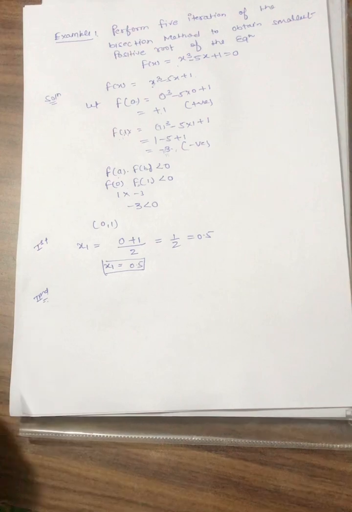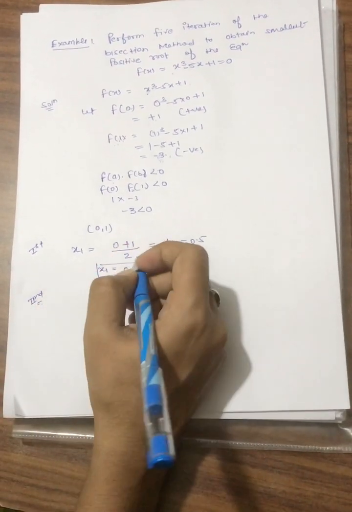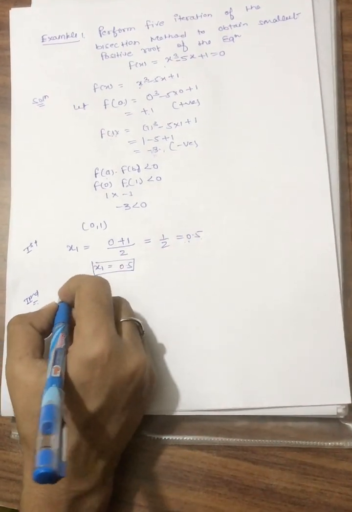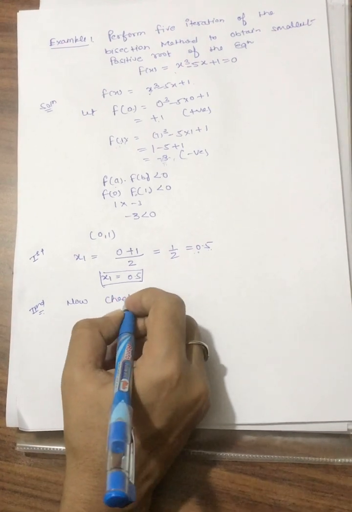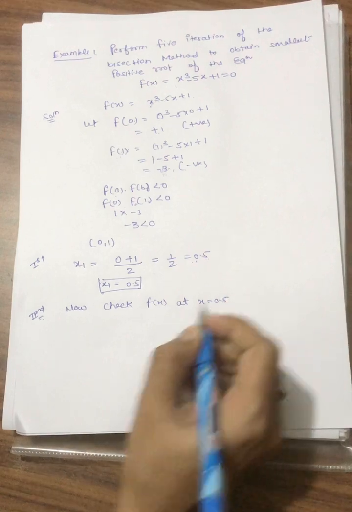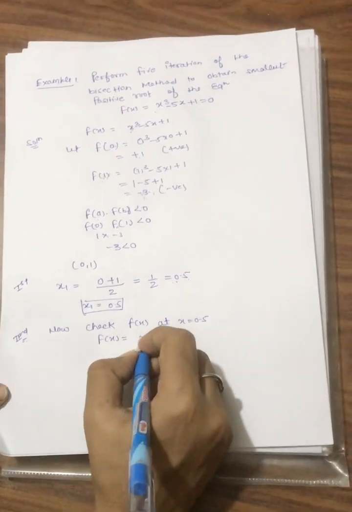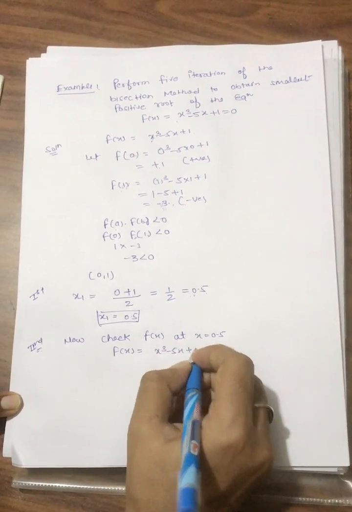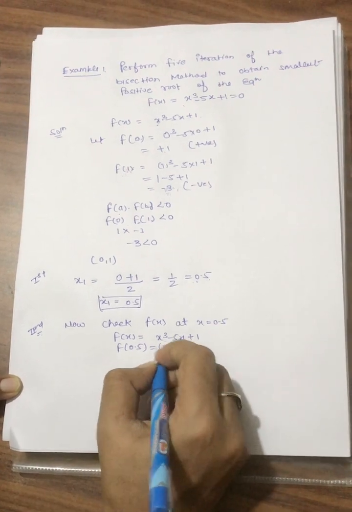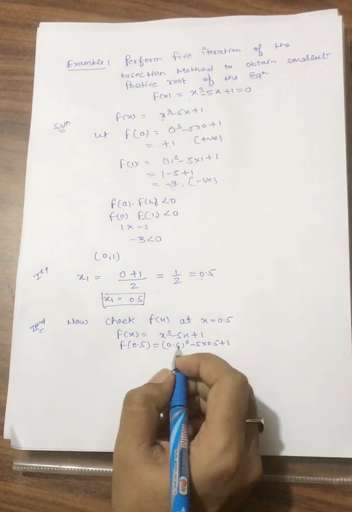To perform the second iteration, you have to find the new interval, and the procedure to find the new interval is to check the value of the function at the point 0.5. So now check f(x) at x equals 0.5. We have f(x) equals x cube minus 5x plus 1. Now f(0.5) equals 0.5 whole cube minus 5 into 0.5 plus 1, right?